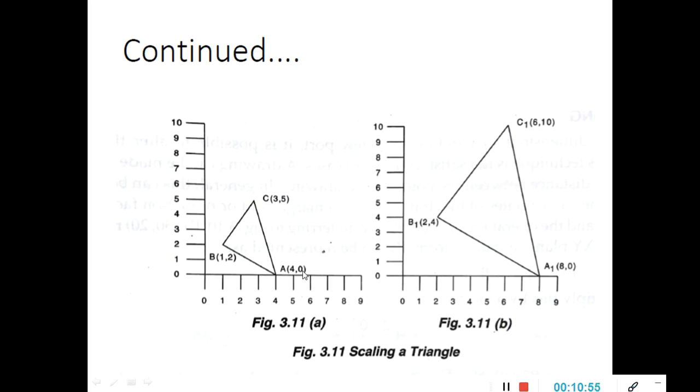Let us consider the new coordinates of this point, A dash, as 8 and 0, and the coordinates of this one is 2 and 4. The coordinates of this enlarged point is 6 and 10. So here it is 3, it will become 6, and this is 5, it will become 10.